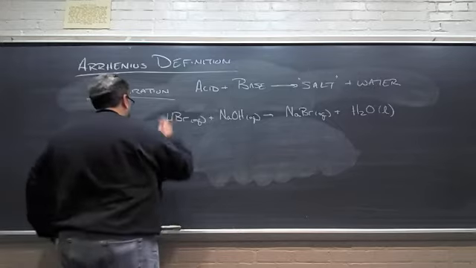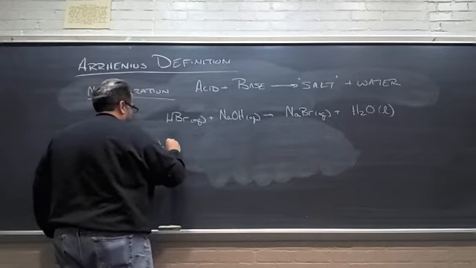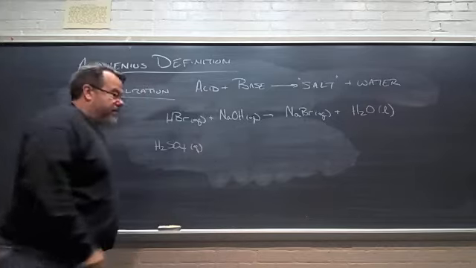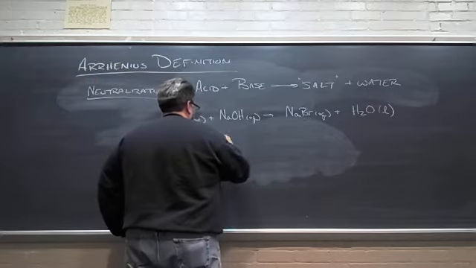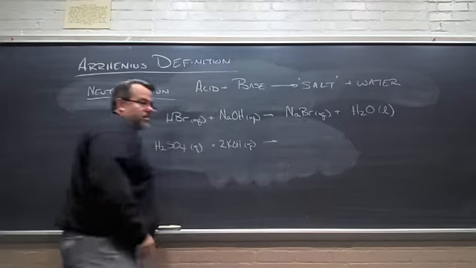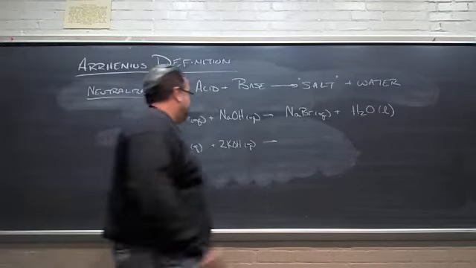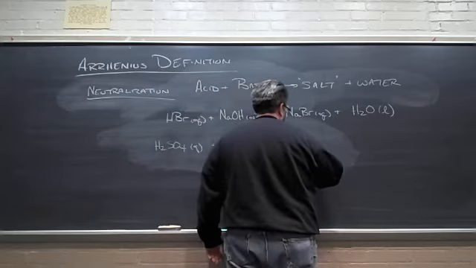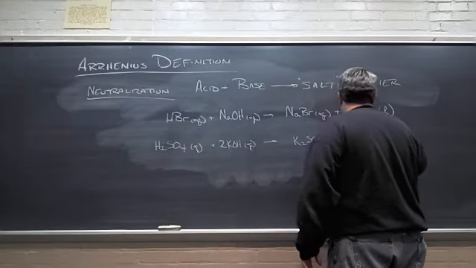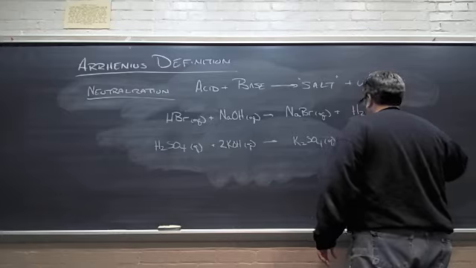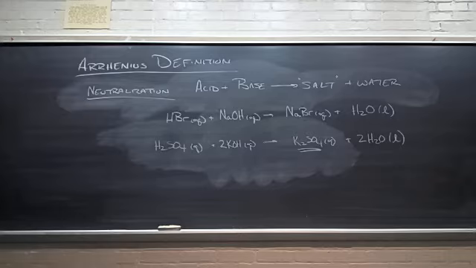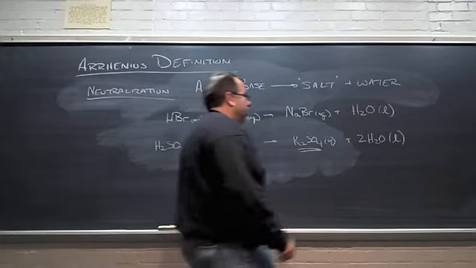You can have, let's try this one, sulfuric acid, for example, plus KOH, this potassium hydroxide, and this would give you potassium sulfate, which is the salt in this case, and 2 water molecules.